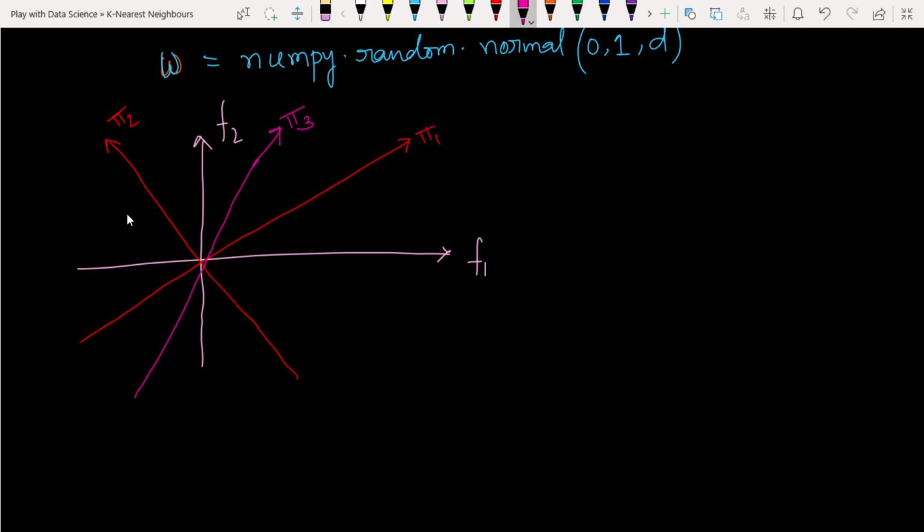Just think of this as a pizza plate. We are slicing the whole pizza plate like that. The random hyperplanes do the same job.